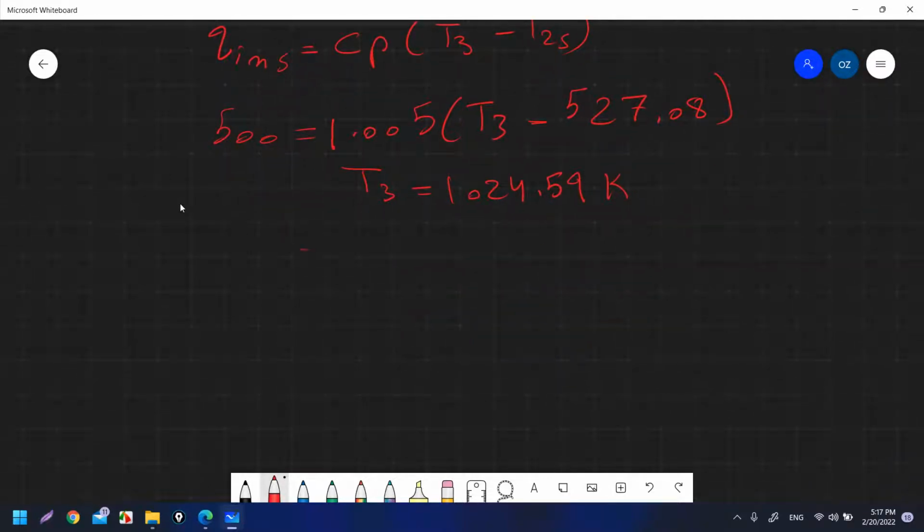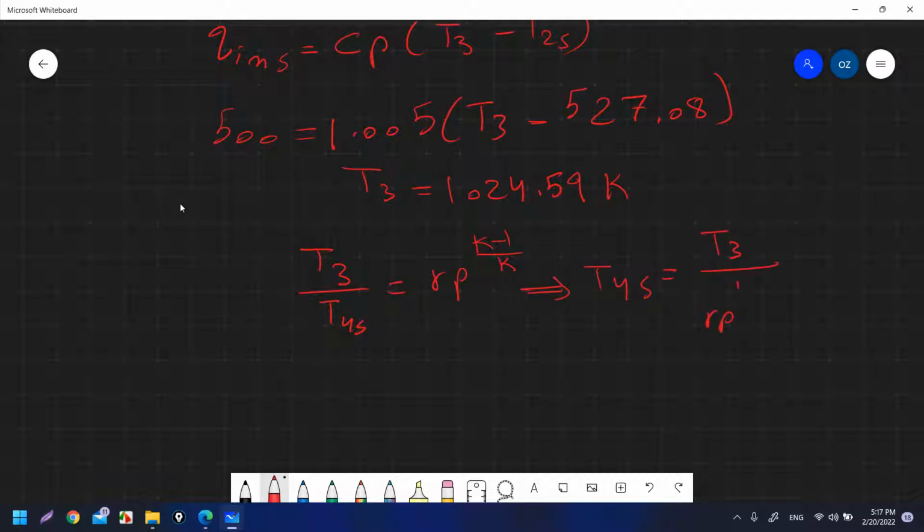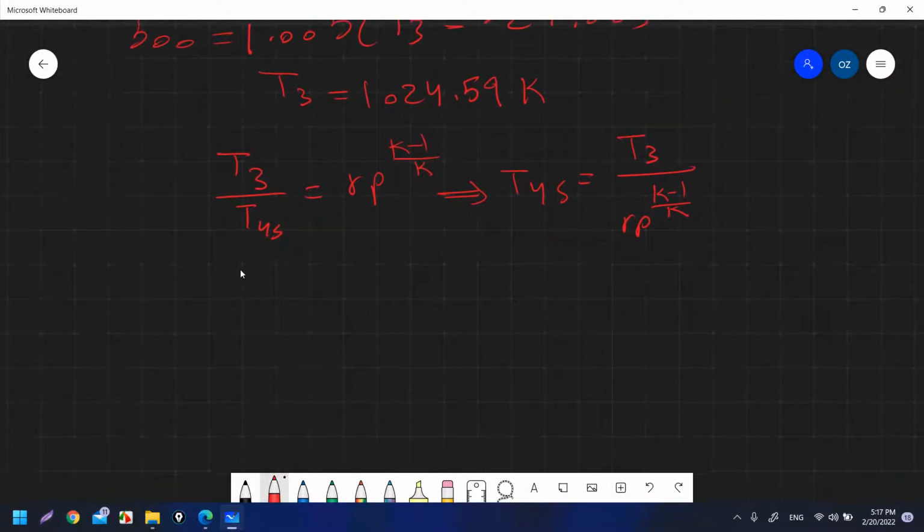And then I can use the equation that T3 over T4S is equal to RP power K minus 1 over K. Then T4S is equal to T3 over RP power K minus 1 over K. So T4S is equal to 1024.59 over 10 power 1.4 minus 1 over 1.4.